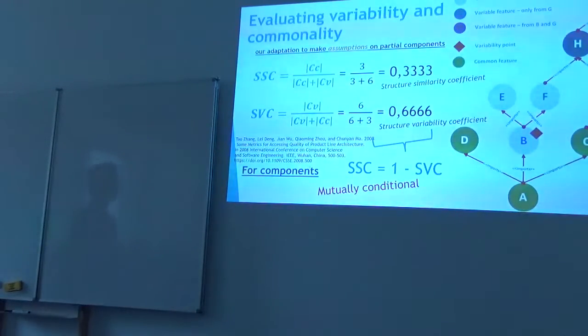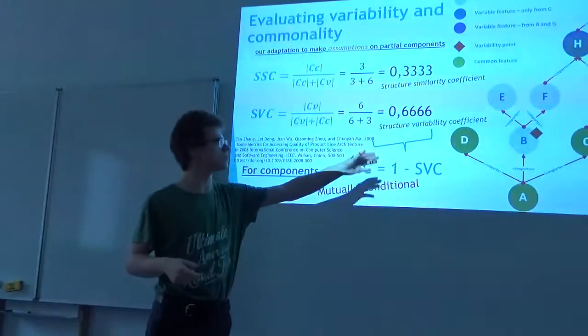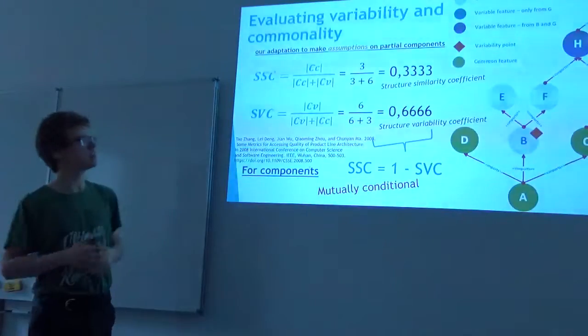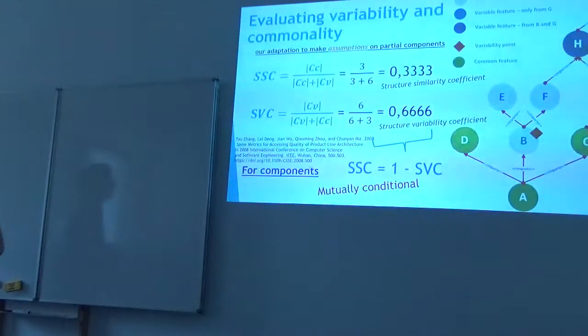I provide the example from my test case when I tested that it works during the analysis of my application. But now I want to say something about the structure similarity coefficient.